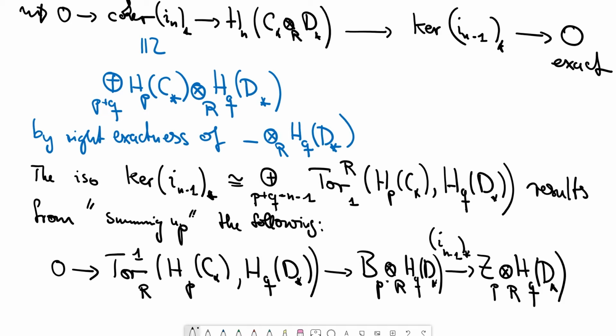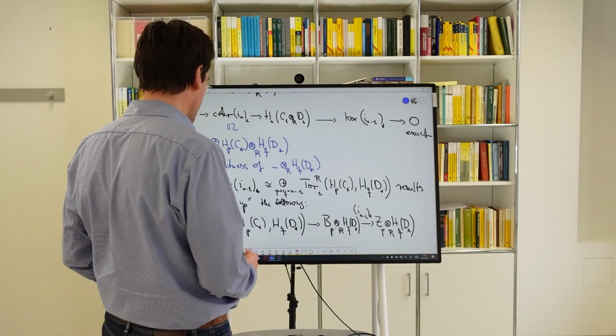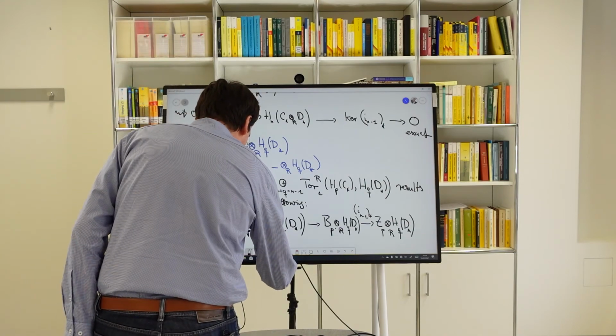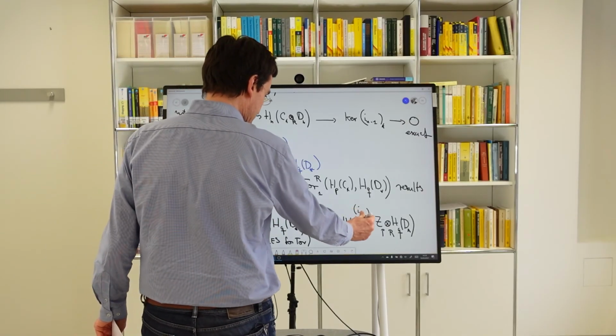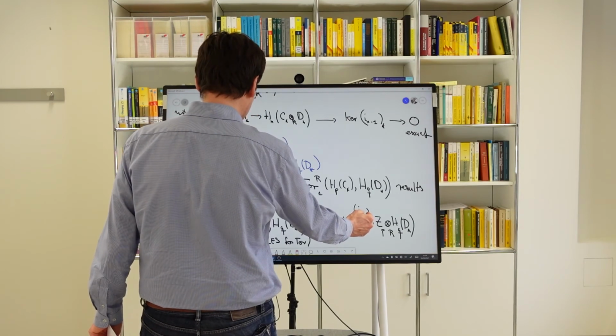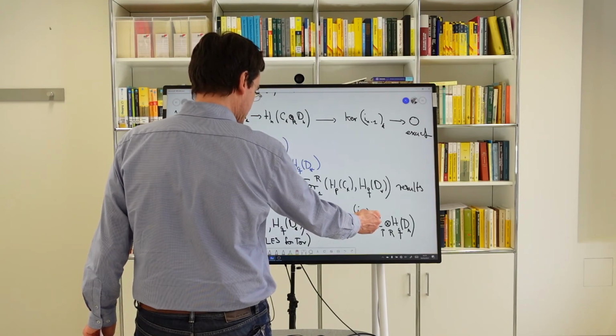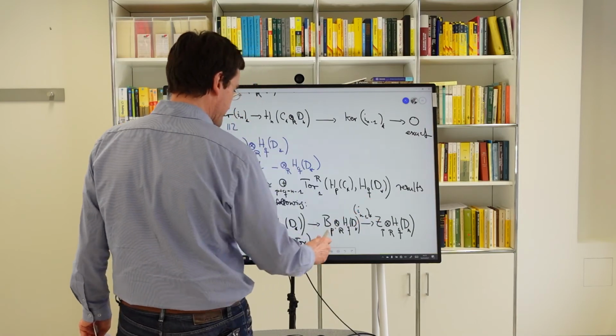So what we sum up is not the universal coefficient theorem, as I was mistaken to say. What we sum up are these fractions of the long exact sequences of the Tor term. I also see the notation is misleading because the kernel of IN minus 1 star is actually the sum over all those.